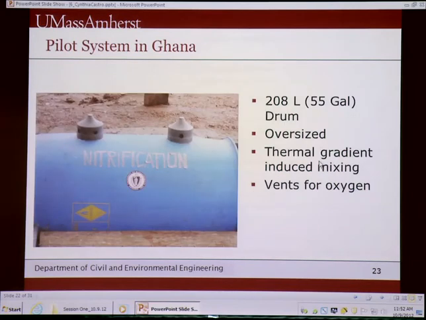And the nitrification chamber was a 55-gallon drum. It was oversized so that we could have a very small liquid layer so that we can reduce the anaerobic layers in there. And it was built slightly underground so that we could induce mixing by a thermal gradient. And we also added vents so that we can have oxygen going into the system.